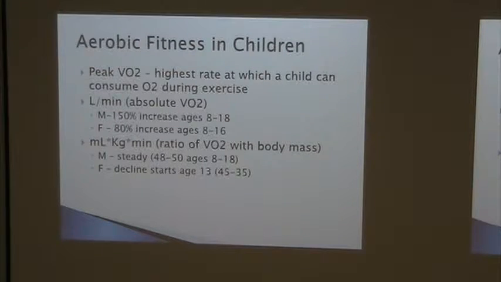When you consider their body weight as well as their absolute VO2, you see that males tend to stay pretty steady, about 48 to 50 milliliters per kilogram per minute as they get older. Females, however, tend to decline. Now look where it starts to decline. It starts to decline at puberty. What happens at puberty with females?